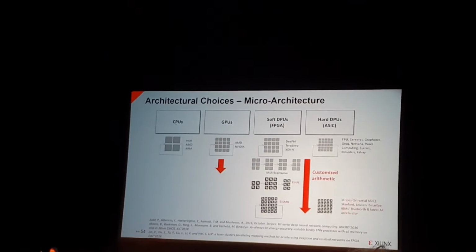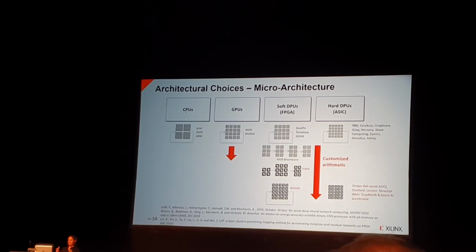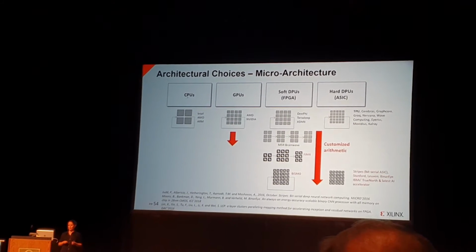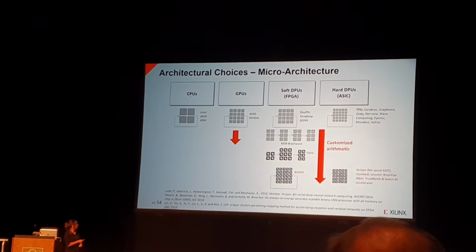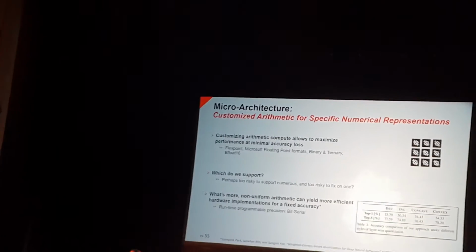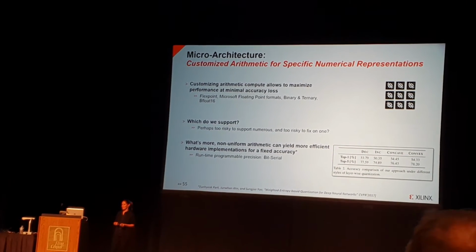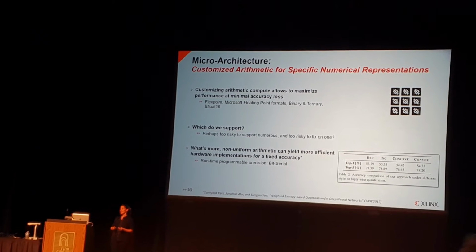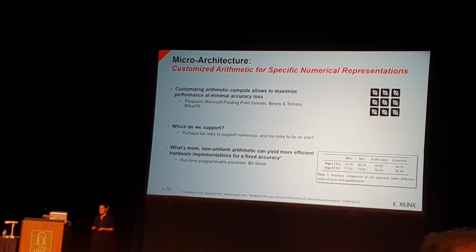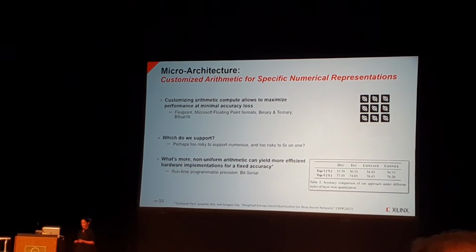The second choice is on the microarchitecture level. You can literally customize the arithmetic with which you compute. And I put an arrow on the GPU because they're doing that now as well. Customizing the arithmetic for neural network accelerators is already happening, so you might have heard about Nervana's Flexpoint, Microsoft's custom floating point format, bfloat16, there's all sorts of things happening.